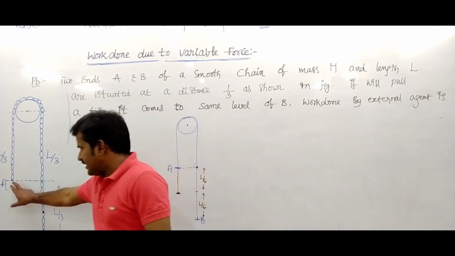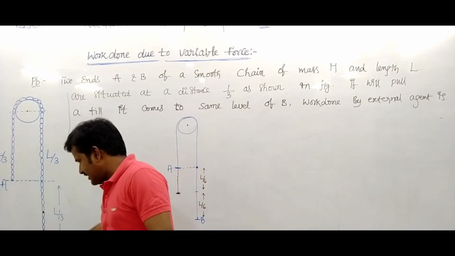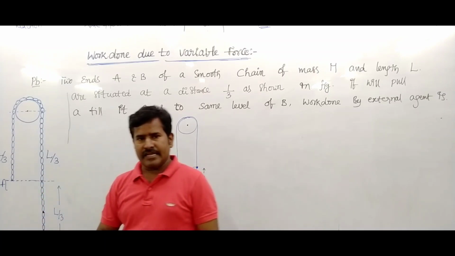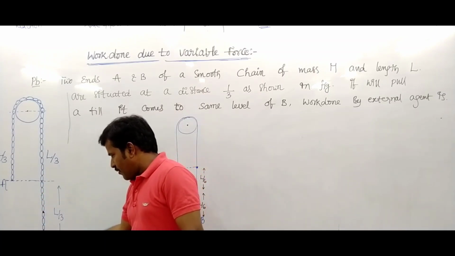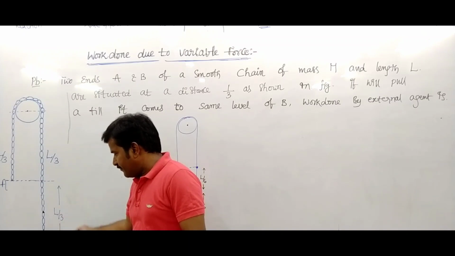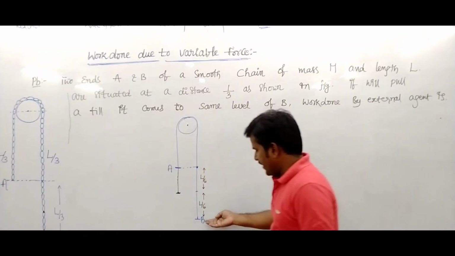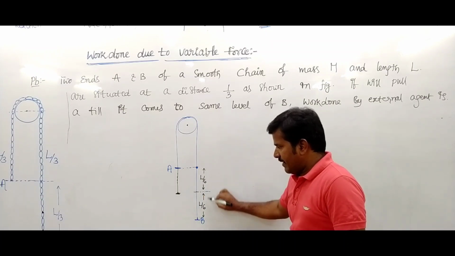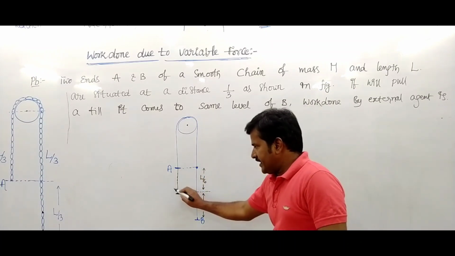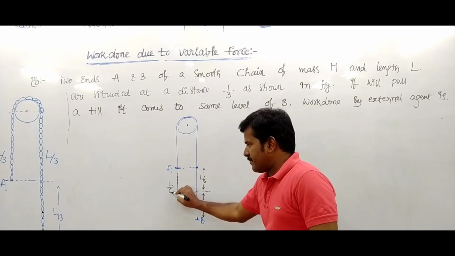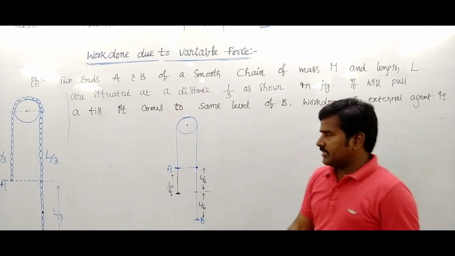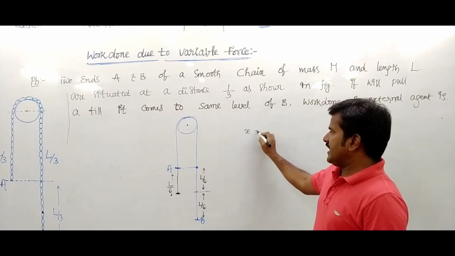Here A moves downward, the total length is L by 3. B moves upward with a displacement of L by 6, and A moves downward with a displacement of L by 6. That means the displacement is L upon 6.